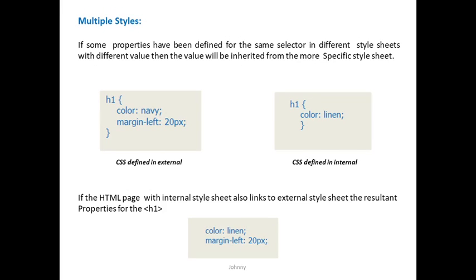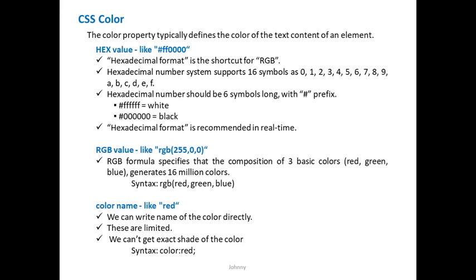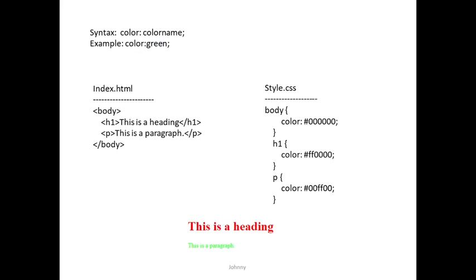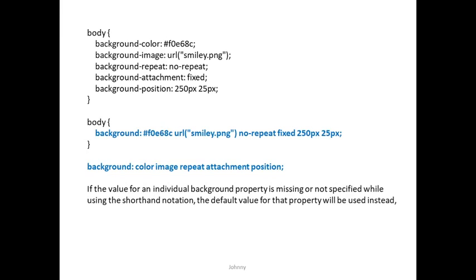When you have two properties, which one would be applied? Always remember, external will be overridden by internal, and internal will be overridden by inline. The properties would be color, line and margin left 20 pixels.